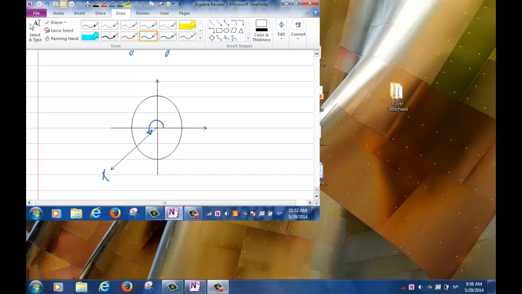So then, from the intersection of the terminal side and the circle, if I make a vertical line onto the x-axis, notice that I'm not saying this is a unit circle yet. So what do we know? We know that cosine of x is given to be negative 1/3.